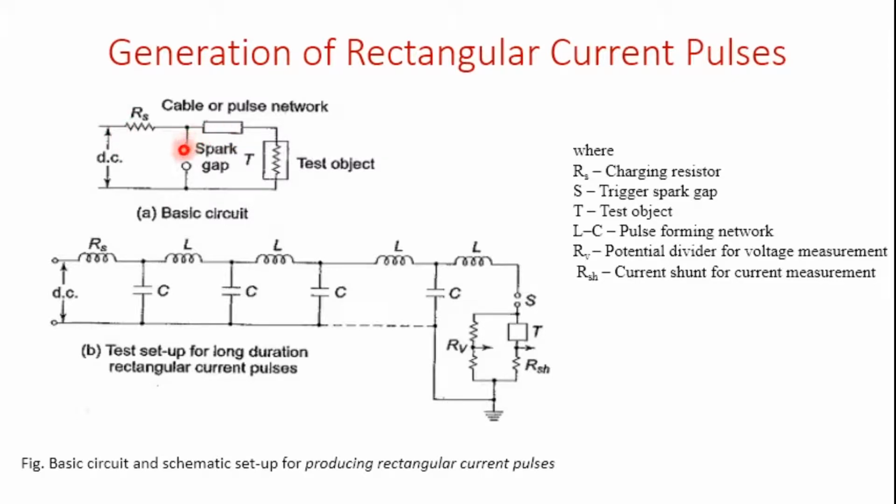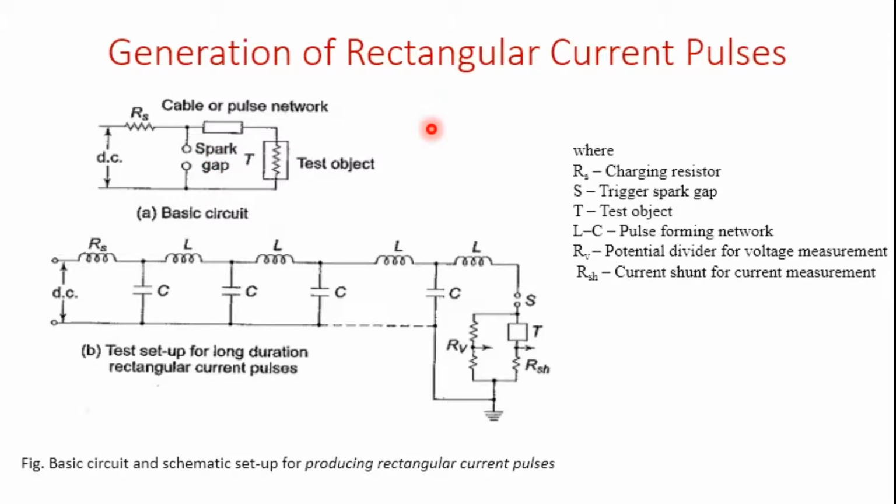When the spark gap is short circuited, the previously charged cable or pulse network will supply the energy to the test object. So this is the basic circuit for this generation.